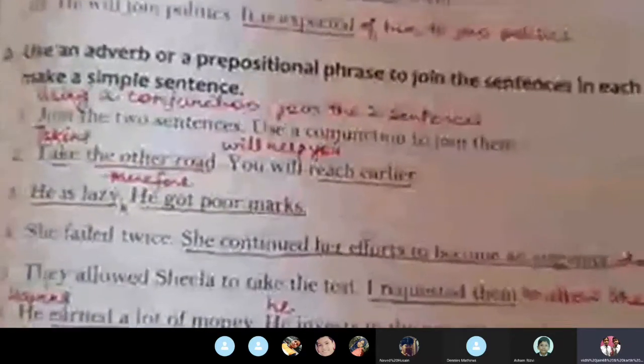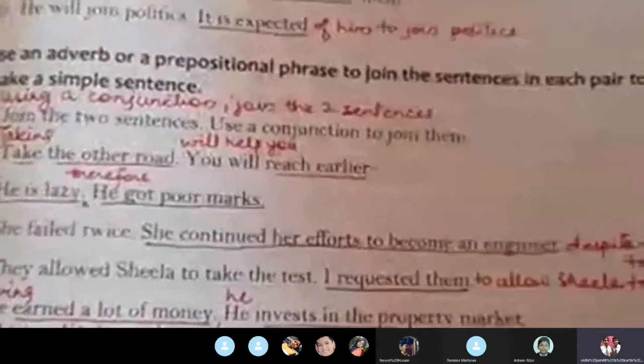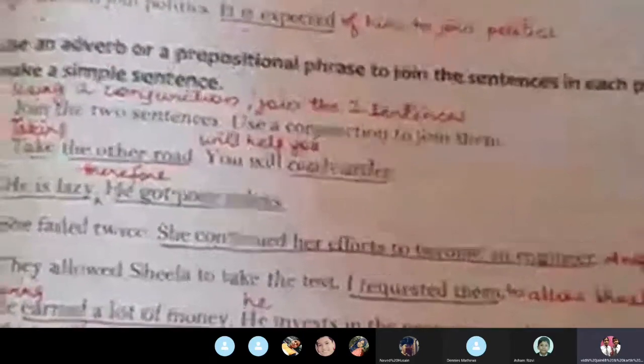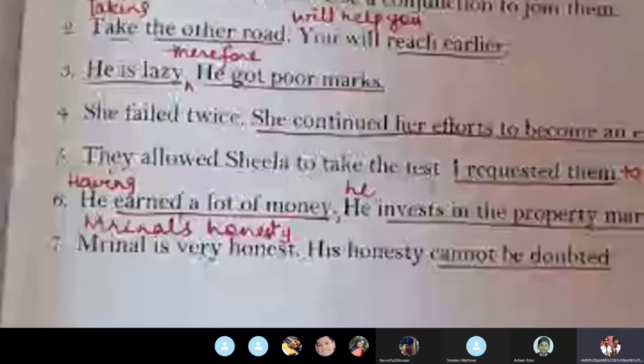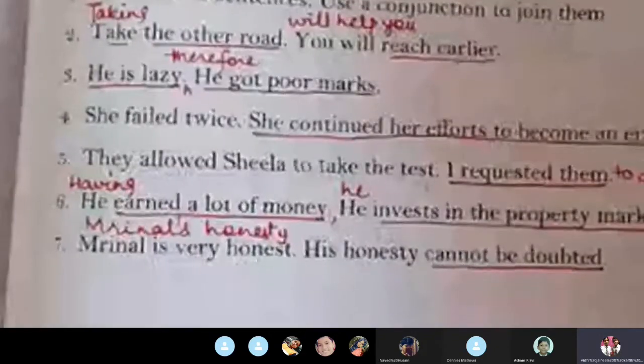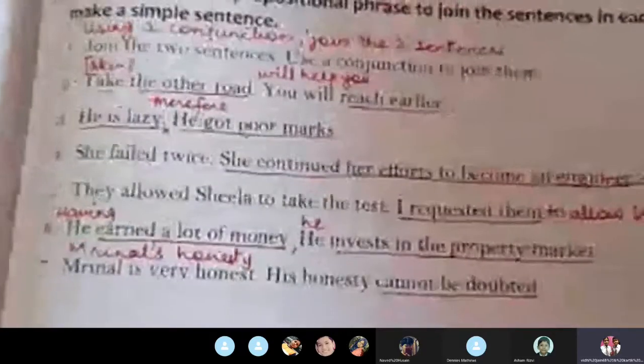Number 5: They allowed Sheila to take the test. I requested them. Answer: I requested them to allow Sheila to take the test. Number 6: Having earned a lot of money, he invests in the property market.